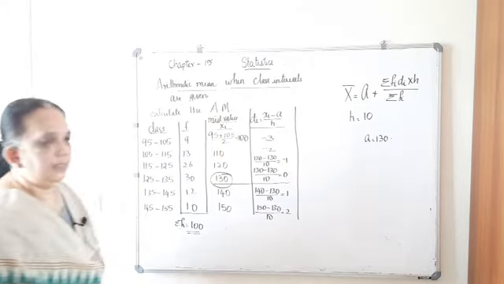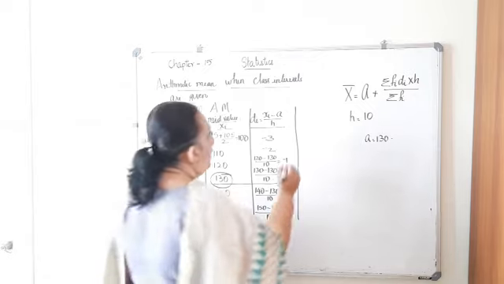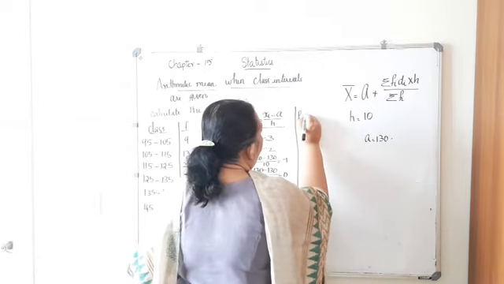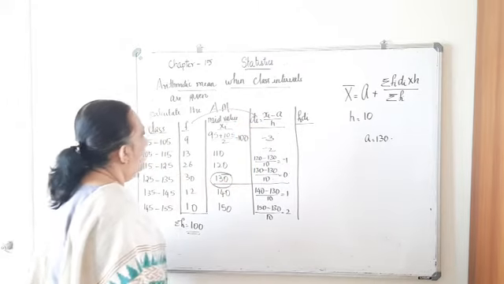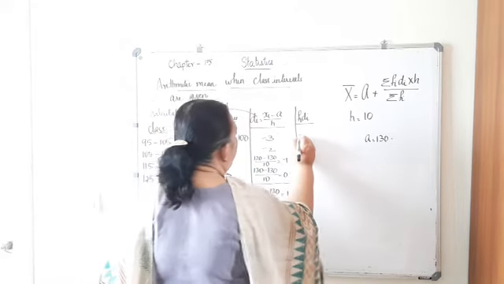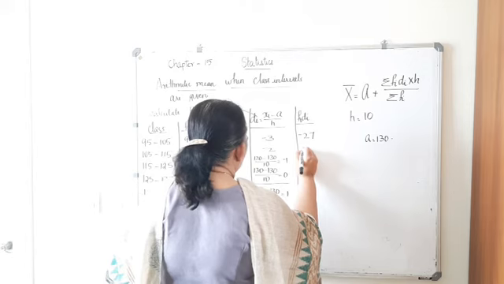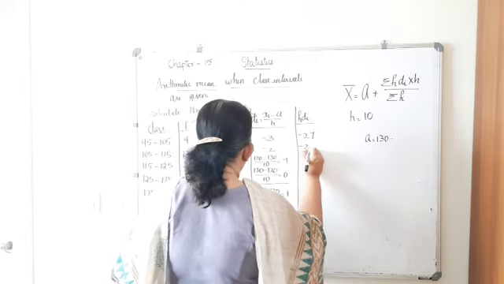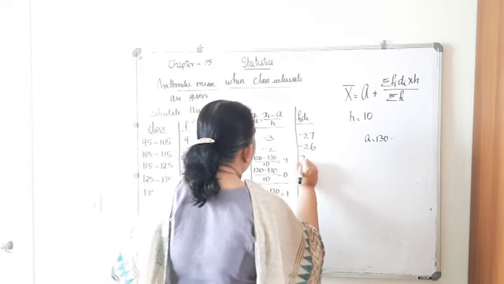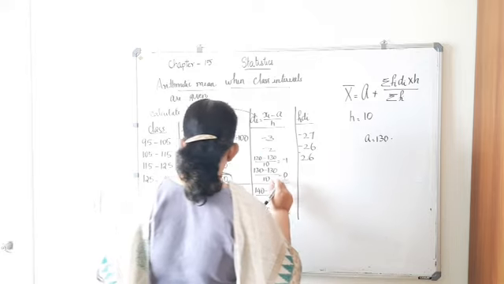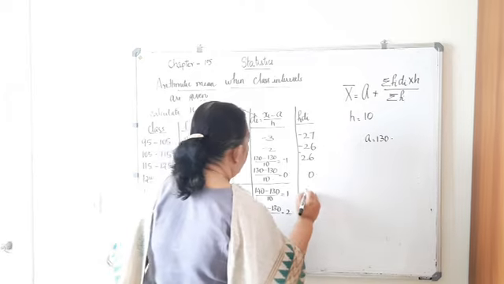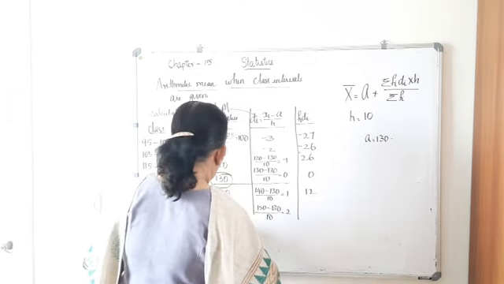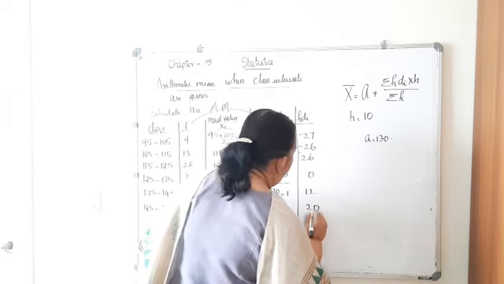Di I obtained. Next column will be Fi di, that is Fi into di. 9 into minus 3, minus 27. 13 into minus 2, minus 26. Minus 26 into 1, minus 26. 0 into 30, 0. 12 into 1, 12. 10 into 2, 20.